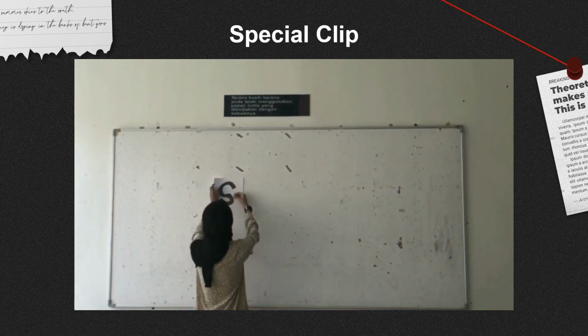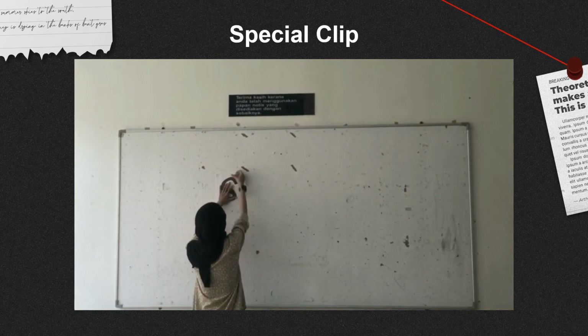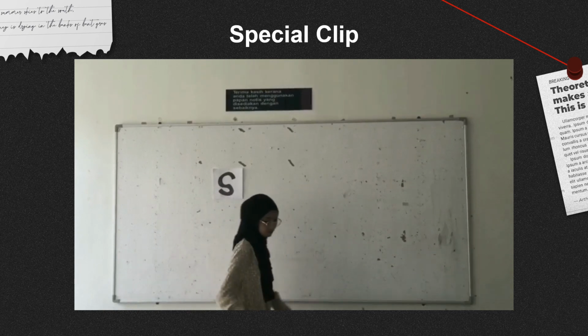Enola fell asleep and had a dream that she was able to solve a case by catching the culprit and getting the evidence.